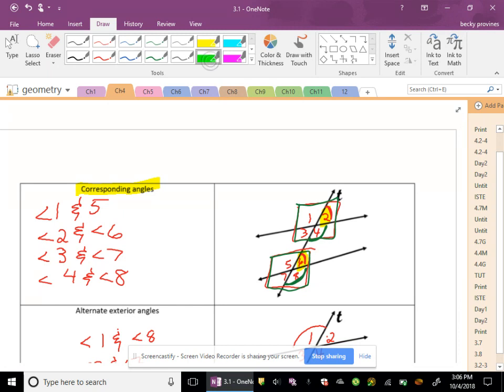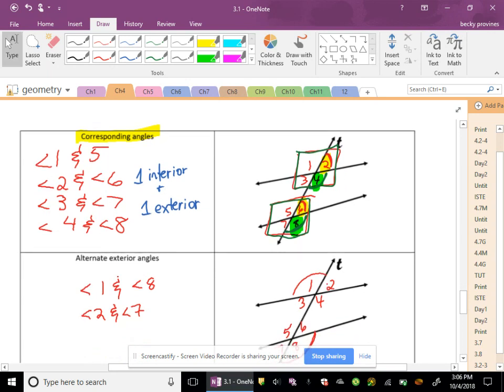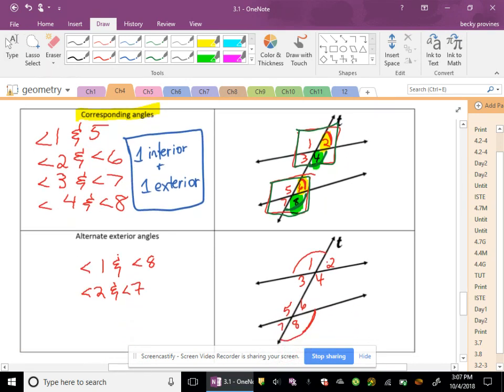Let's look at the next set, 4 and 8. One is interior, the 4. One is exterior, the 8. So that means you have one interior and one exterior angle. And it's always going to be this way. So this is a good point to write down and to remember.